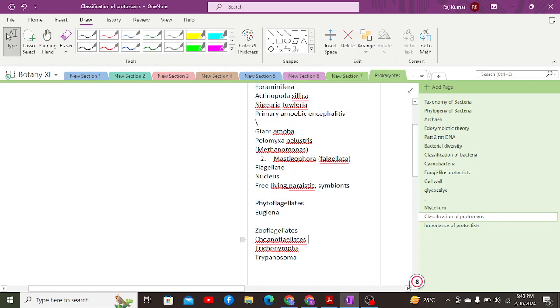And conoflagellates are the ones from where the sponges evolved.